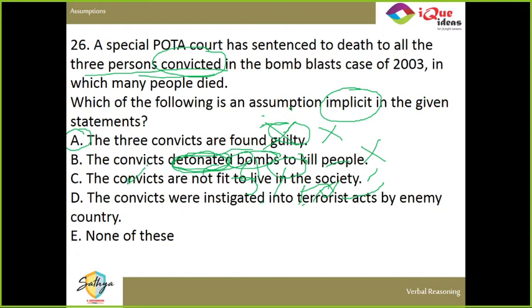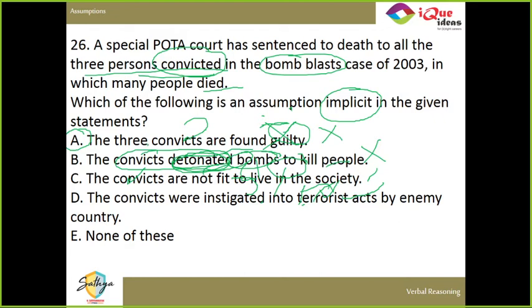See, the convicts were sentenced in the bomb blast case. But is it necessary that it is the convicts who actually pressed the button that exploded the bomb? It's not necessary that they themselves set the bomb. Somebody else could have set it. They could have been the mastermind.